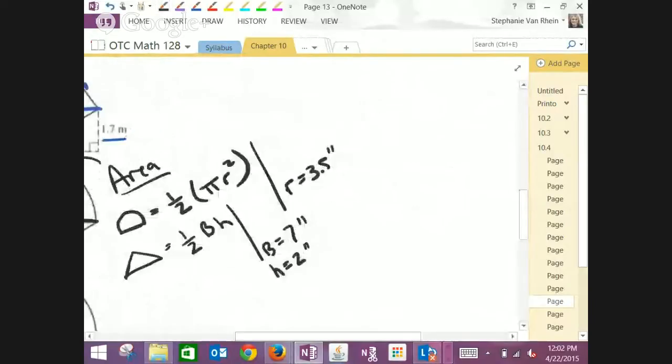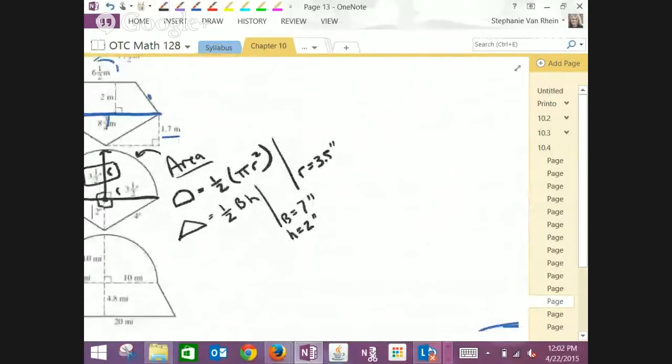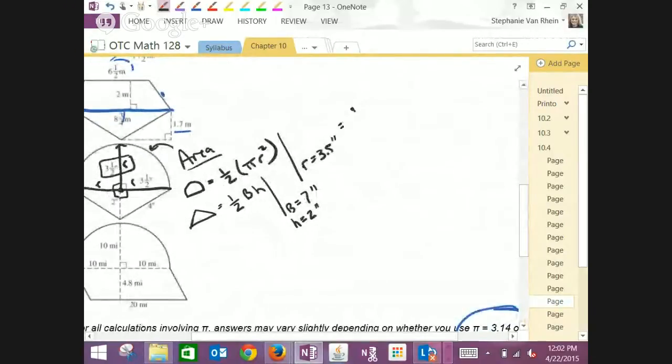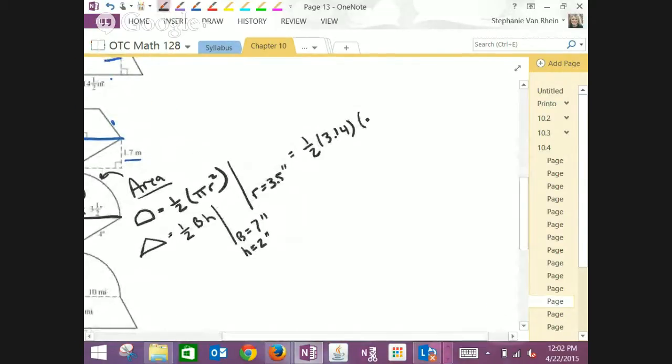If I plug that into a calculator, 1/2 times 3.14. If you're using the pi button in your calculator, your answer might be a little off from the one in the back of the book, because it wants you to use 3.14 to be consistent. Times 3.5 squared, plus 1/2 times 7 times 2.